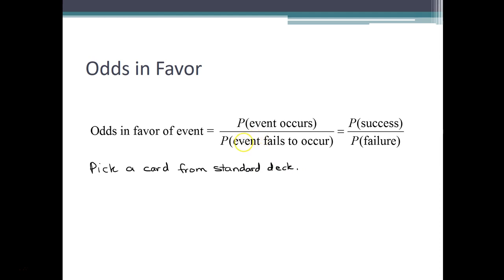And we want to see the odds in favor of selecting a spade. Well, for the probability of success, you're finding the probability of selecting a spade.